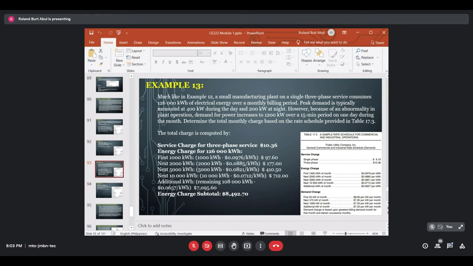Eliza or Claret, if you can explain the energy charge, why not? It's the solving part. It's the same as Kwan's previous examples. Lovely again, sir. Yeah, it's the solving of the energy charge.